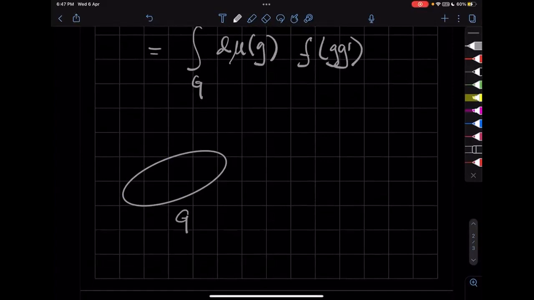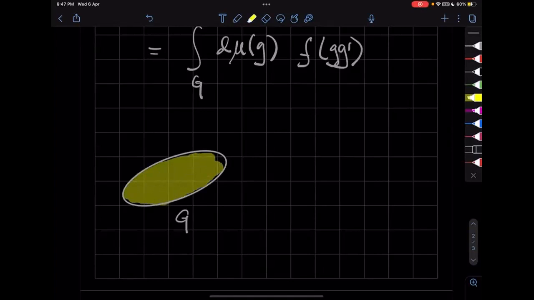And suppose I have some real function that takes values in some range on the real line.